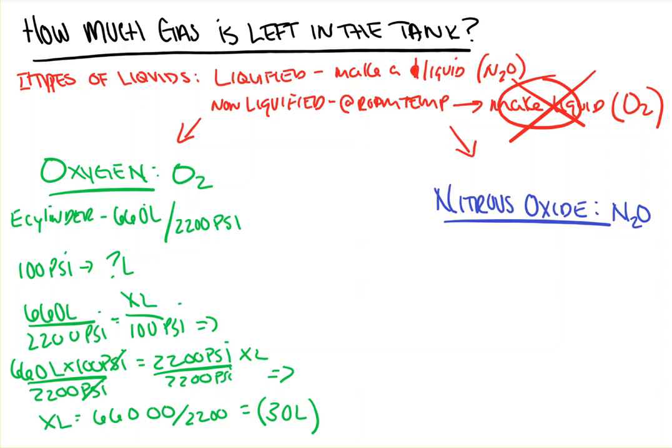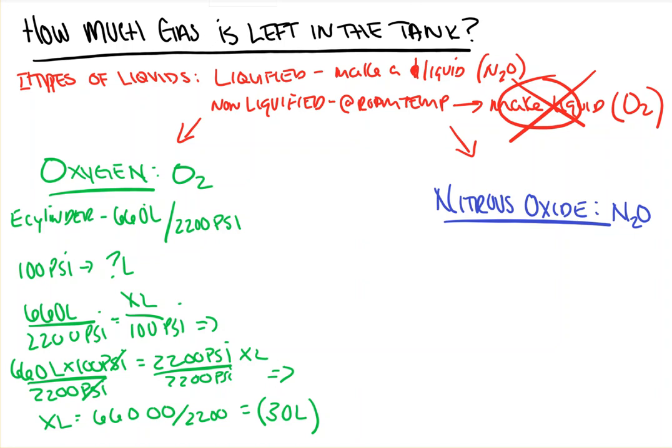Our units cancel appropriately. Now we just want to take a quick look and ballpark whether our answer is correct, without going through the math again, just to double check yourself. To get 10% of any number, we just move our decimal point one place to the left. So 10% of 660 liters is 66 liters, and 10% of 2,200 PSI is 220 PSI.